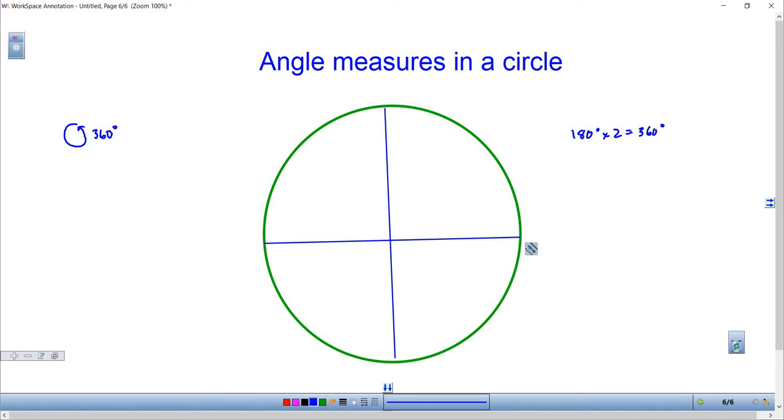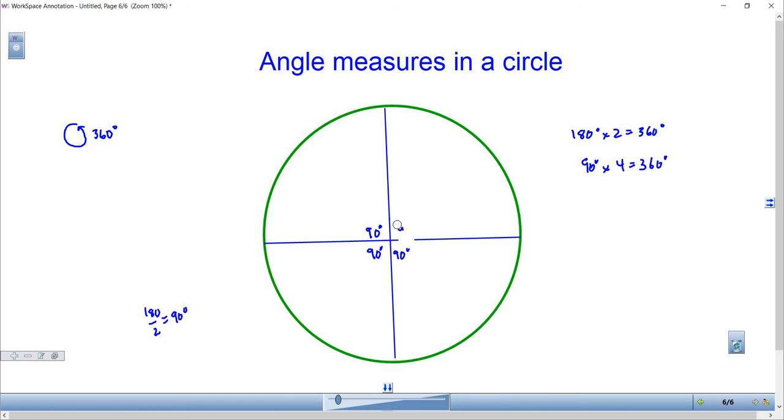Now I've got 180 divided by 2, and 180 divided by 2 is 90 degrees. So this would be 90 degrees, this would be 90 degrees, this would be 90 degrees, and this would be 90 degrees. 90 degrees times 4 is 360 degrees.